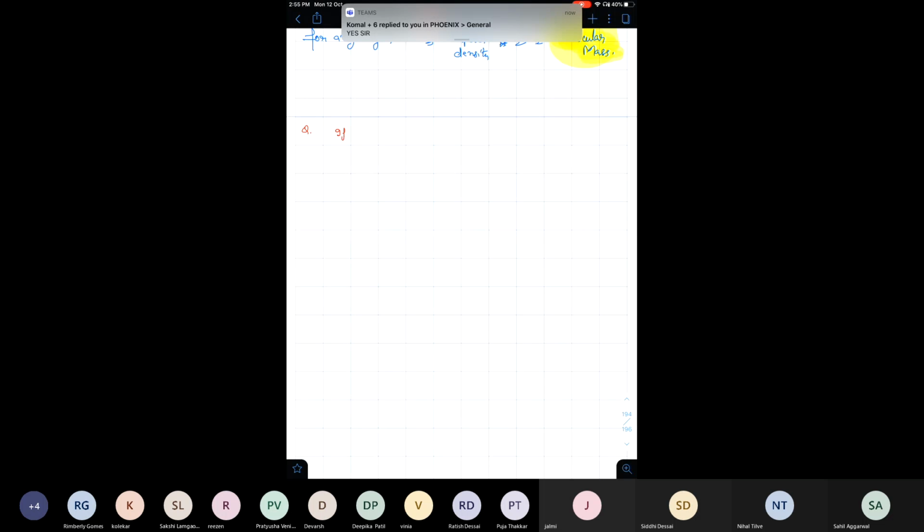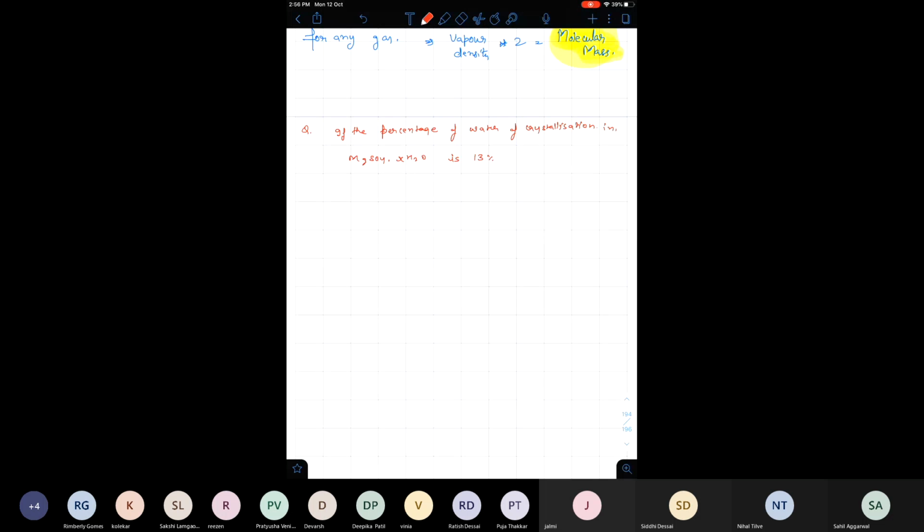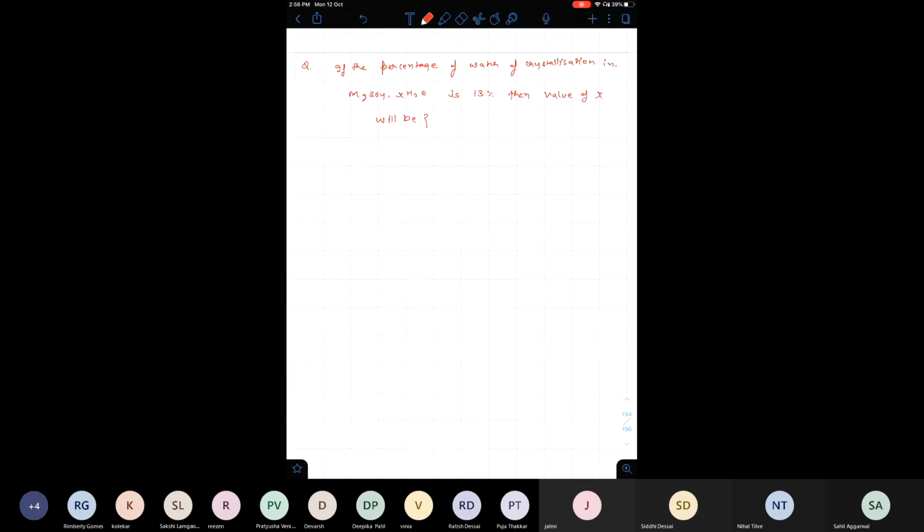If the percentage of water of crystallization in MgSO4.XH2O is 13%, then the value of X will be.